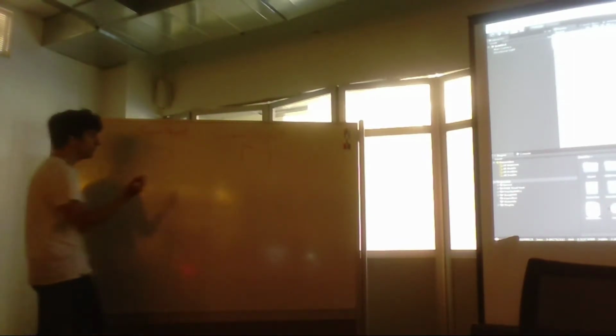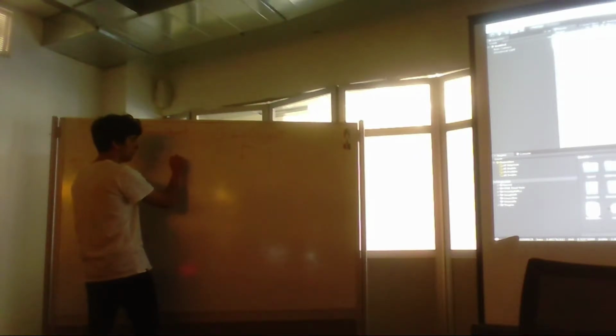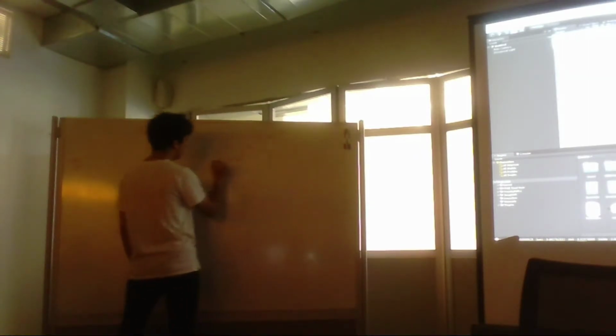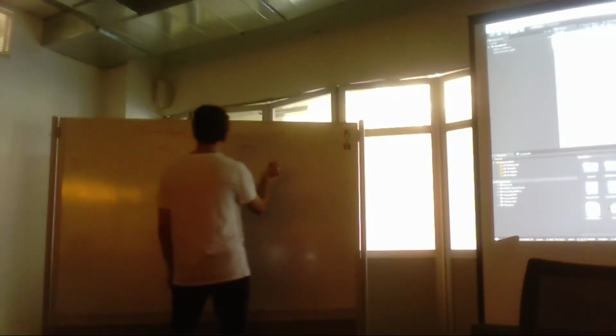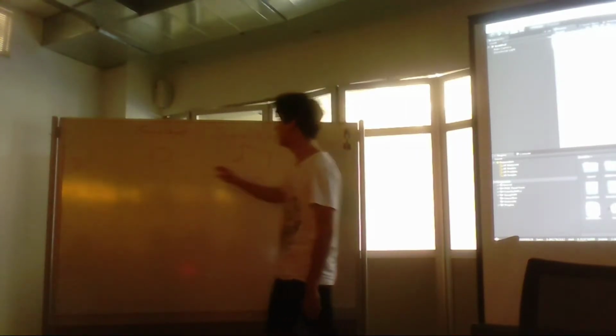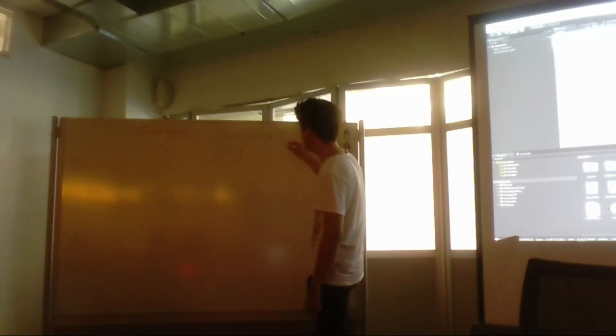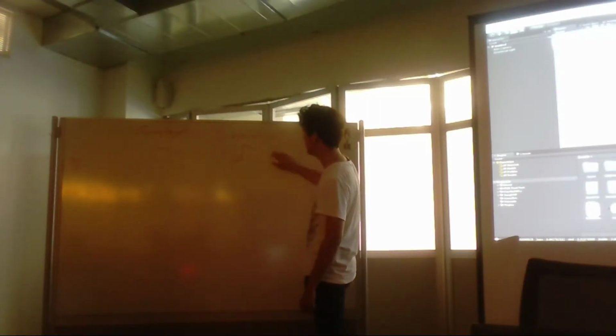So I want this ball to go in here, and something should happen. So what will happen? The ball goes in here. I'm going to increment the score, which is 0, to 1, and then it's going to play a sound.